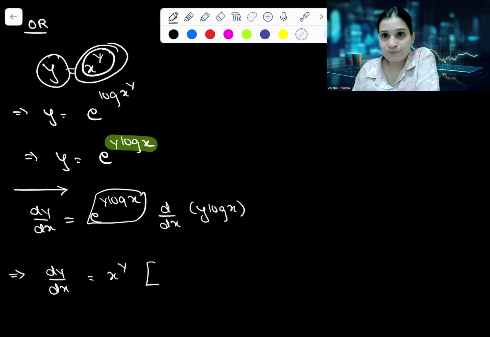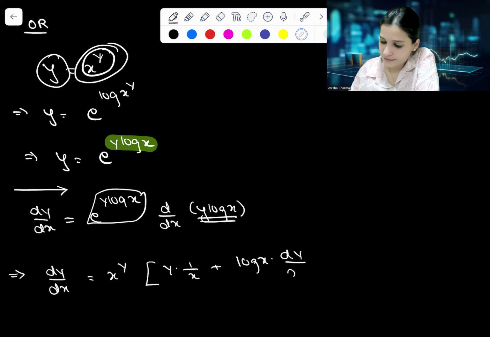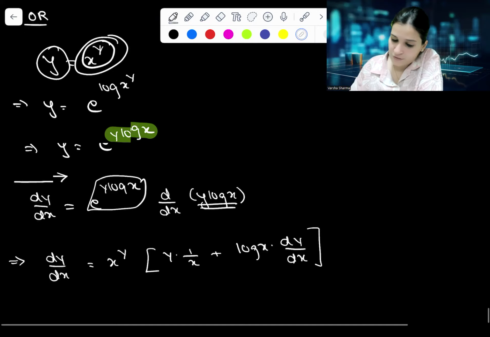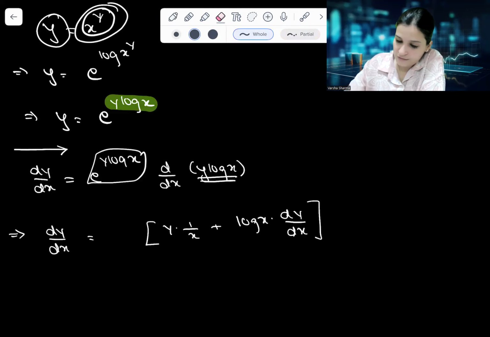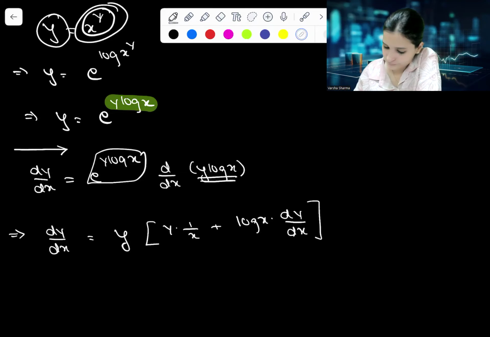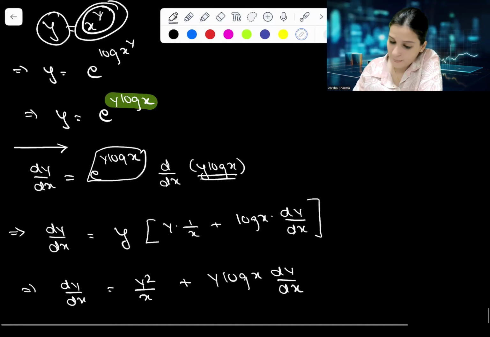Applying product rule here: y into 1 by x plus log x into dy by dx. If I write here y, dy by dx, y square by x, y log x dy by dx.